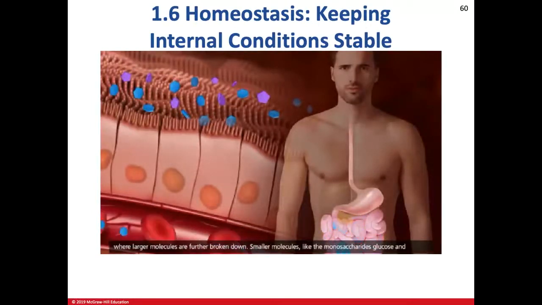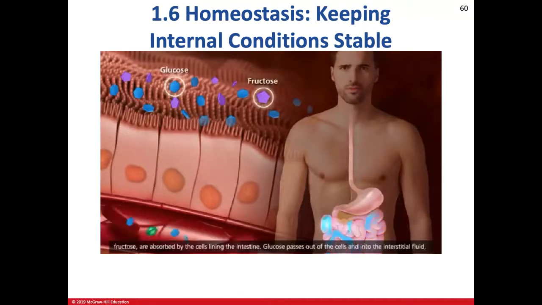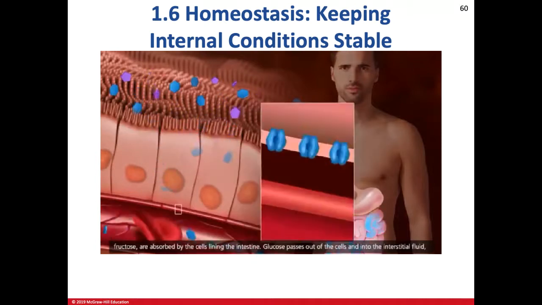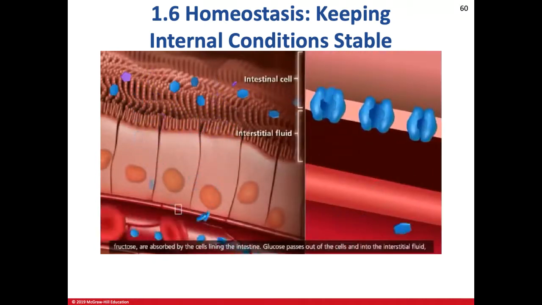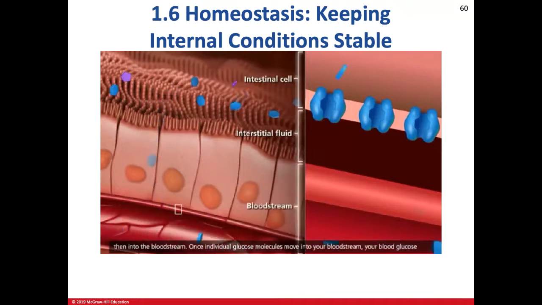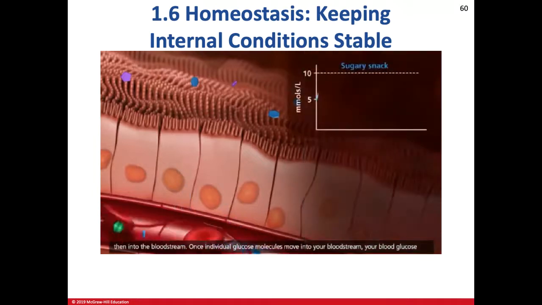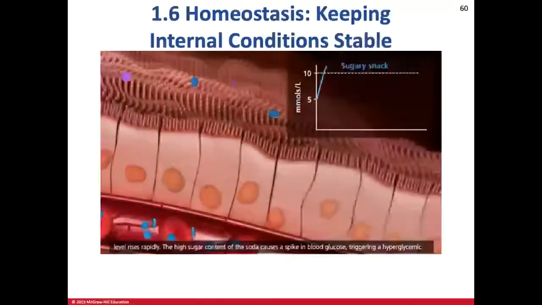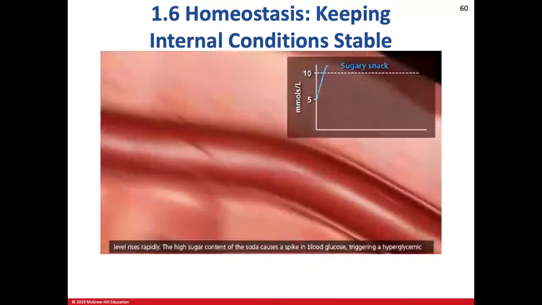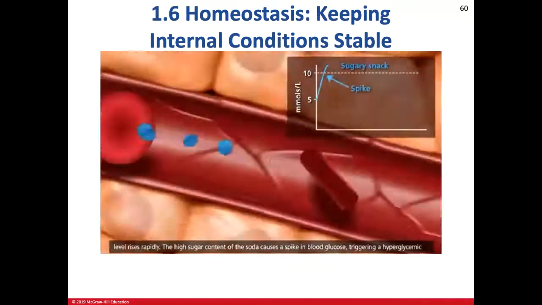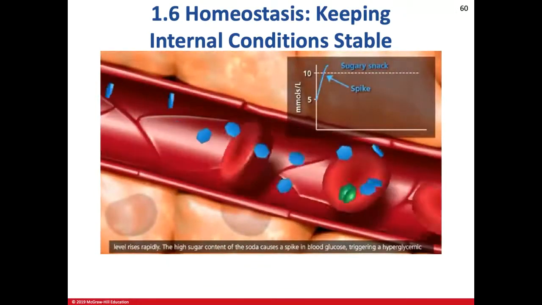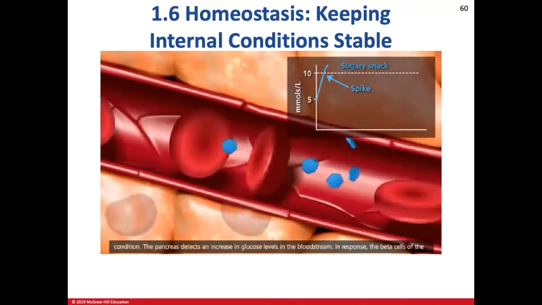Smaller molecules, like the monosaccharides, glucose and fructose, are absorbed by the cells lining the intestine. Glucose passes out of the cells and into the interstitial fluid, then into the bloodstream. Once individual glucose molecules move into your bloodstream, your blood glucose level rises rapidly. The high sugar content of the soda causes a spike in blood glucose, triggering a hyperglycemic condition.